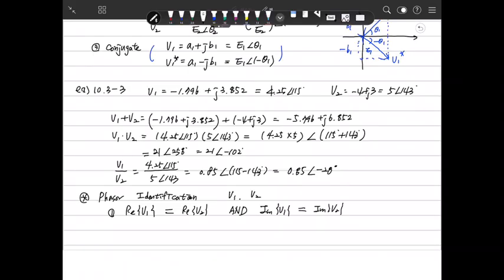In this case, we can say V1 and V2 are the same. Another condition is in the polar form: the magnitude of V1 and the magnitude of V2 are the same, and the phase angle of V1 and the phase angle of V2 are the same. In this case, we can say V1 and V2 are identical. This is the phasor identification rule.